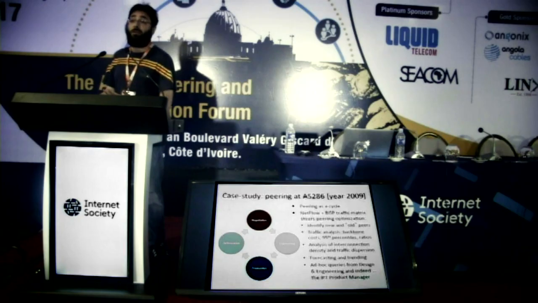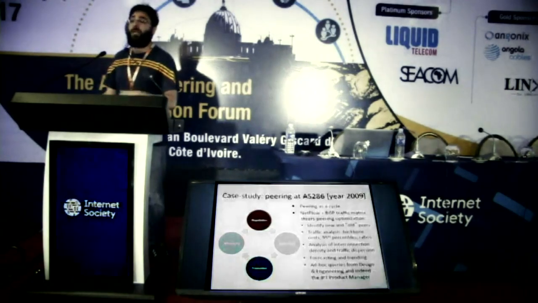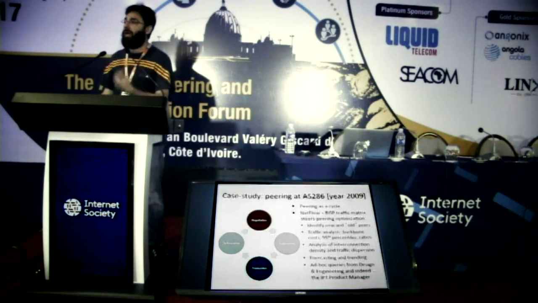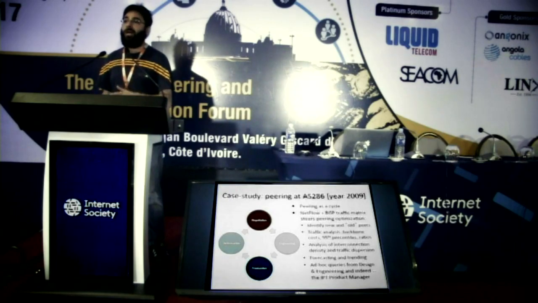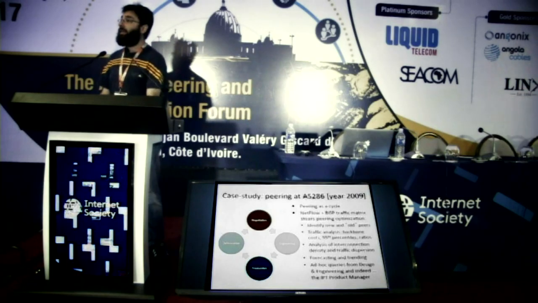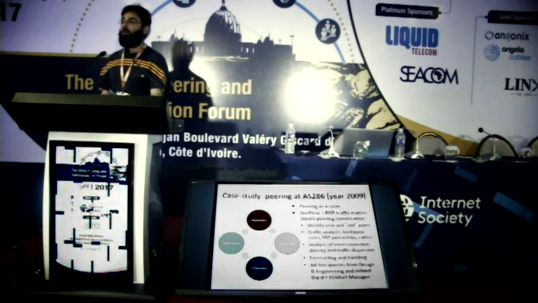Then the thing goes into production. At this stage of production, with NetFlow, we were evaluating whether capacity is sufficient or we need more capacity. We were analyzing the traffic distribution. Are we already at 80% of the peering with somebody?